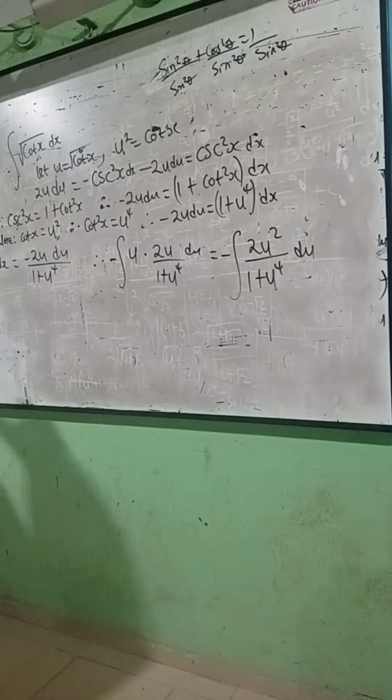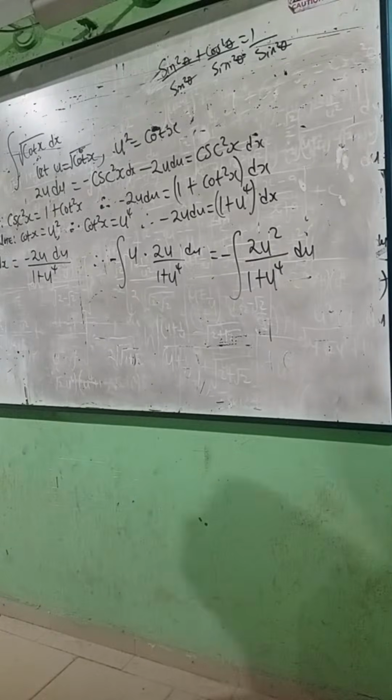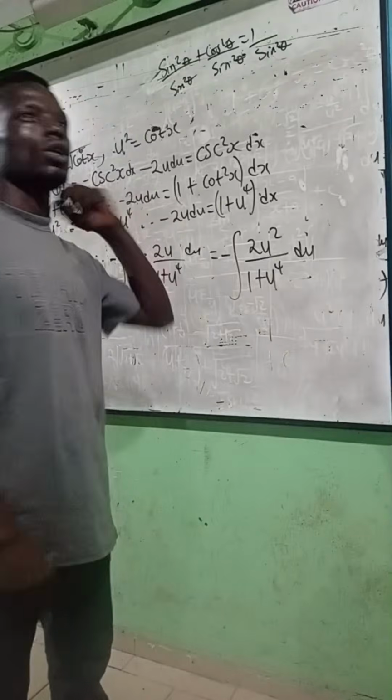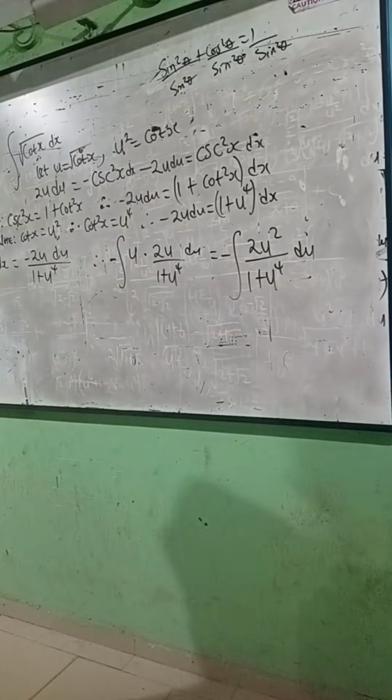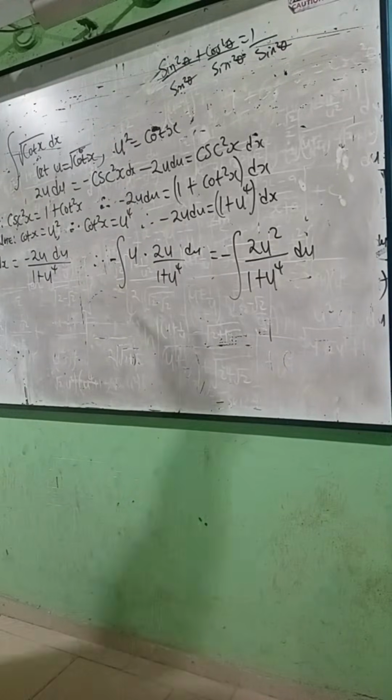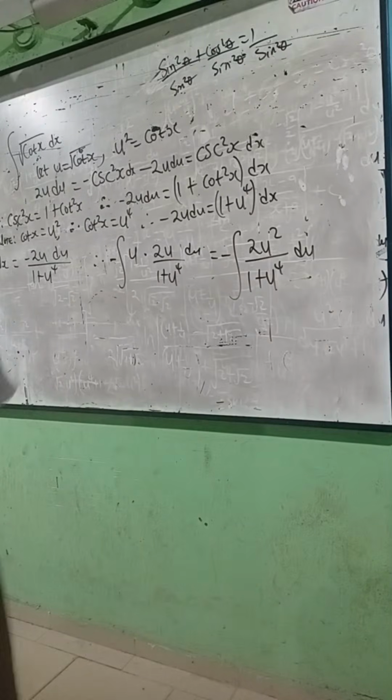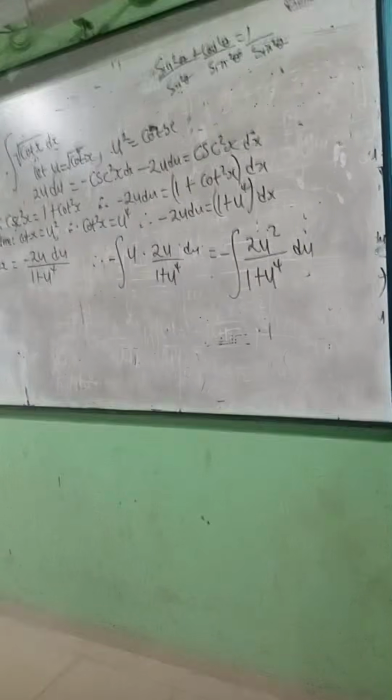Now divide all through by u square. Is that so? Let me remember. Okay, be writing it, I'm coming. That should be it, but I don't want to make a mistake.